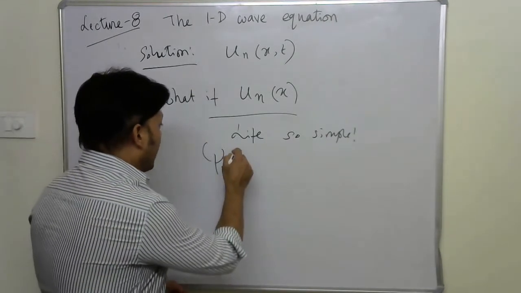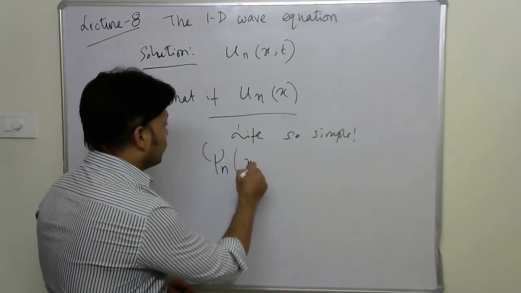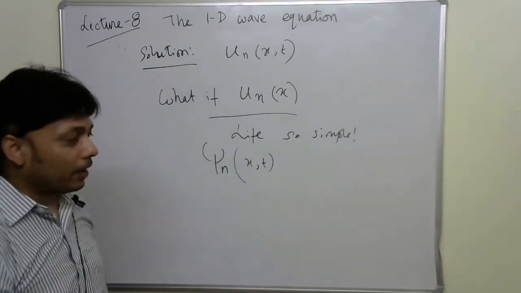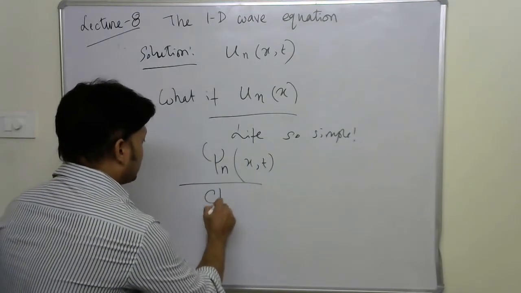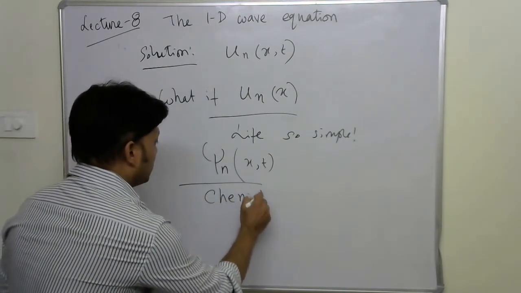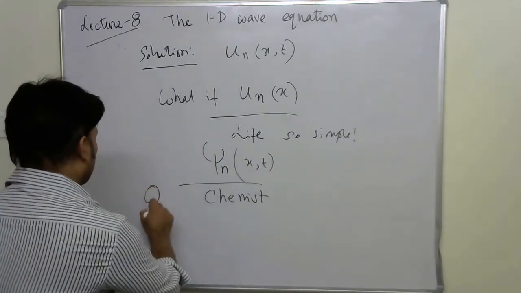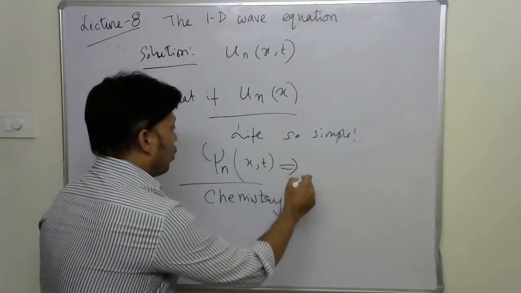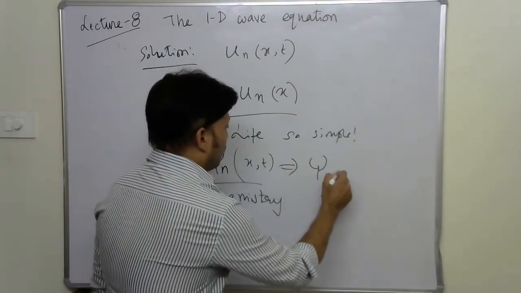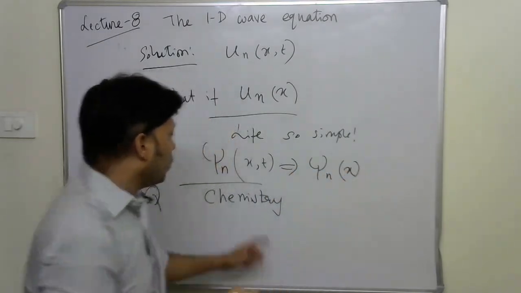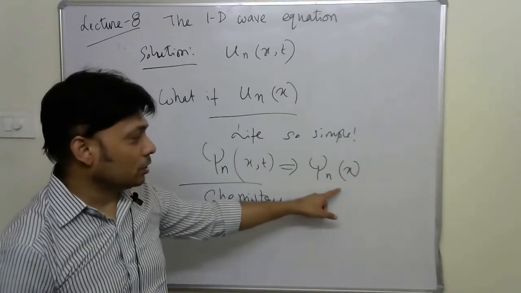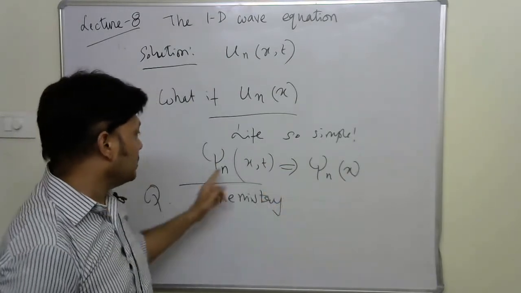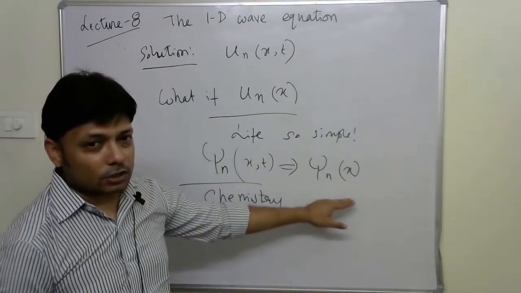So this psi n is also a function of x and t. But we chemists, in quantum chemistry, fortunately, in most cases only have to deal with a function of x, that means psi as a function of x.